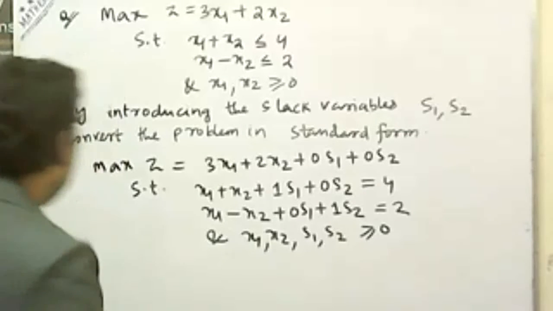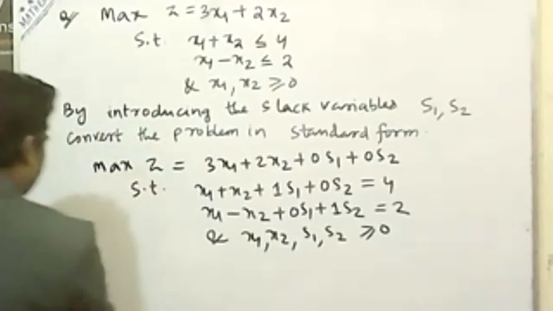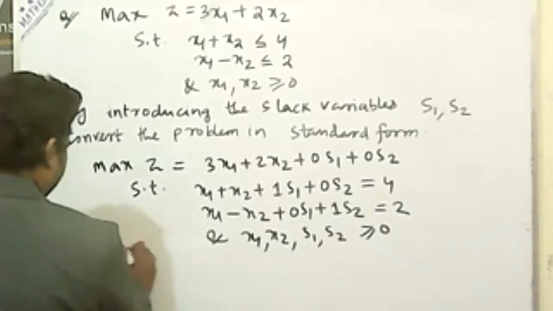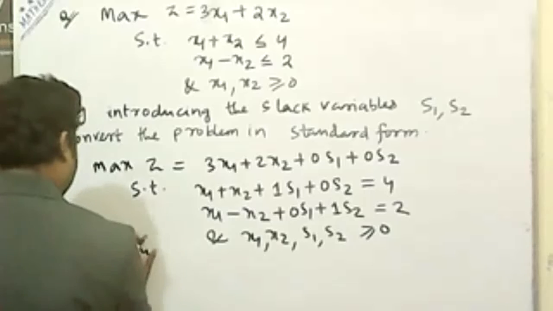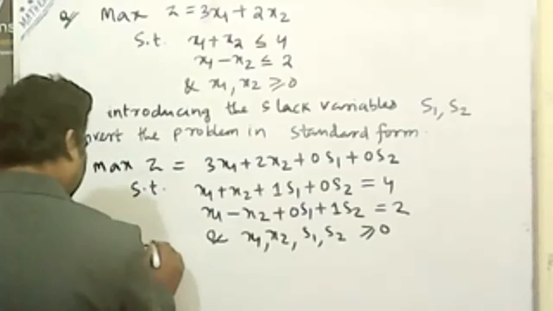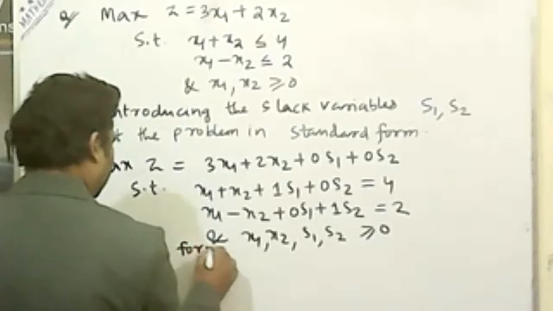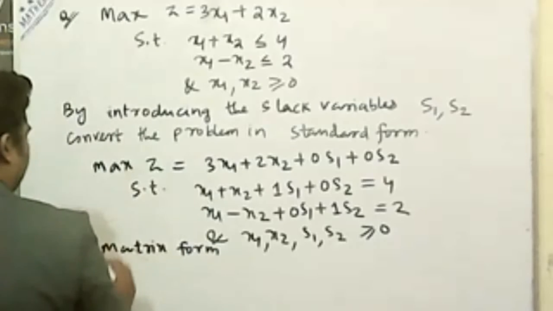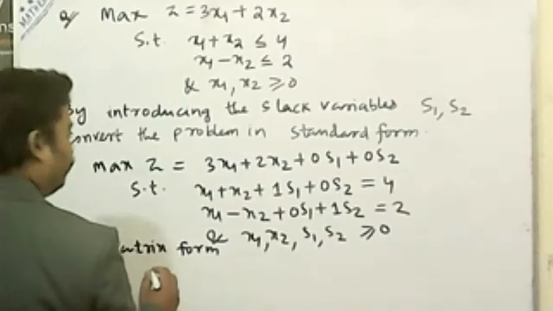Now come to the matrix form, the basis matrix. In matrix form we can write Ax is equal to b.